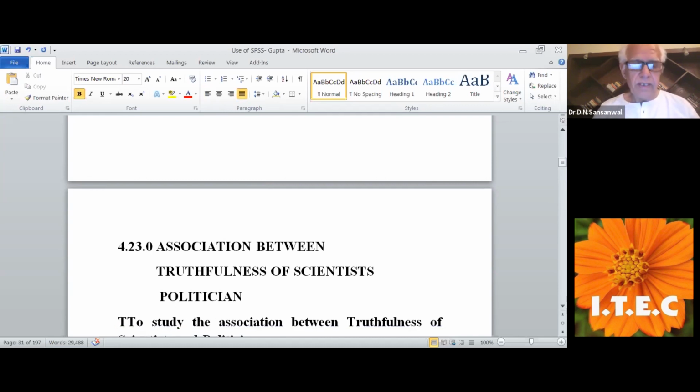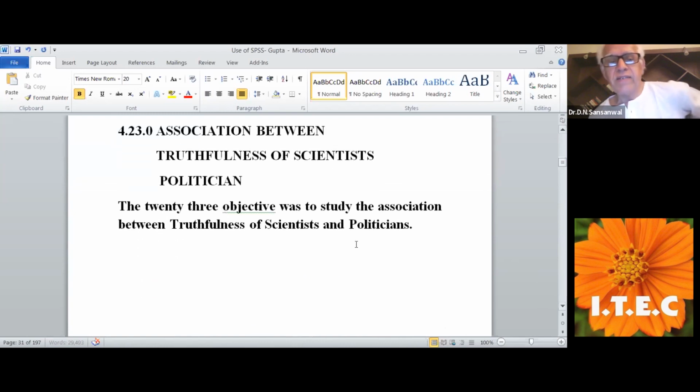So the 23 objective was to study the association between truthfulness of scientists and politicians.